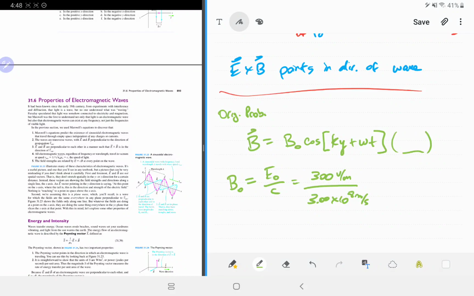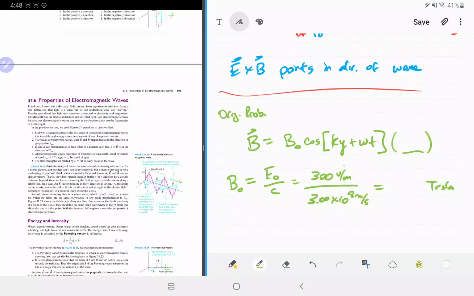You might wonder, what the heck is a volt times second divided by meters squared? But that's probably not the best unit. We have SI units for electric field and SI units for C, so that gives us SI units for magnetic field. This answer is going to be in Tesla.